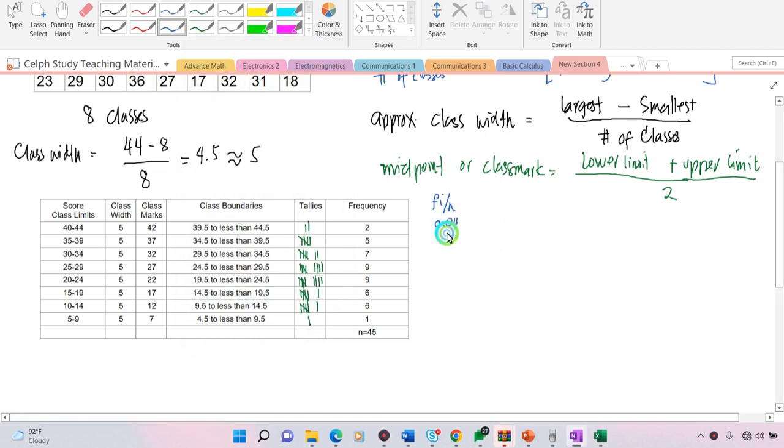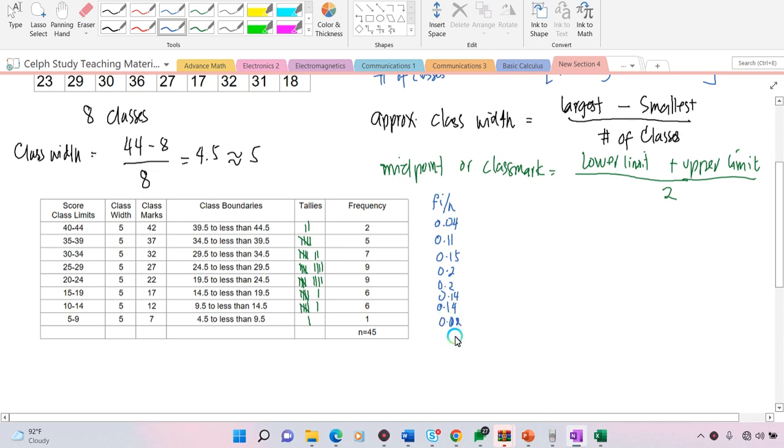Okay, so next, I will just put the values. You can solve if you want. That is 5 over 45, that is 0.11. 7 over 45, that is 0.15. 9 over 45, that is 0.2. This is 0.2 also. 6 over 45 is 0.14. This is 0.14. 1 over 45 is 0.02.